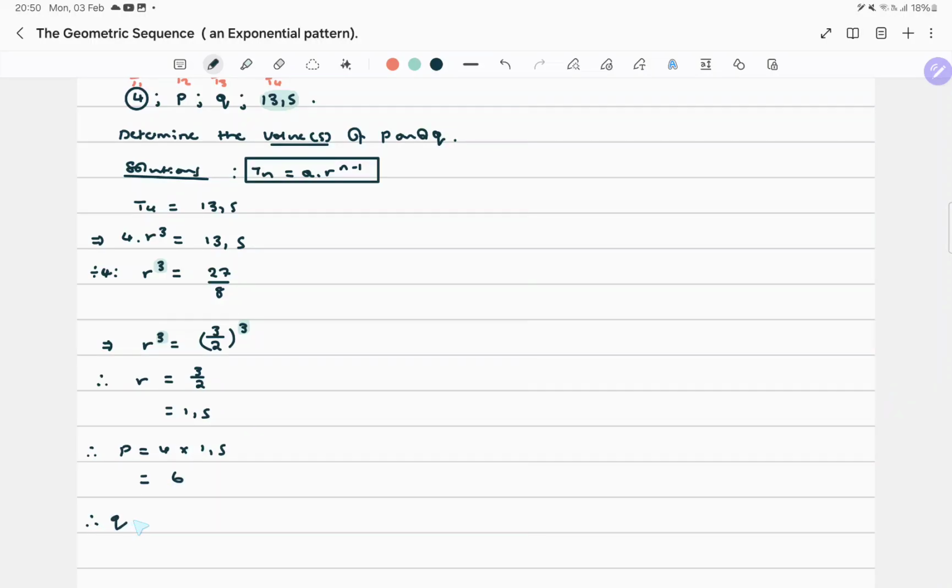And therefore Q is going to be the next one, which is 6 times 1,5, provided that answer is correct. That gives us 9. All right, so those are the two solutions.